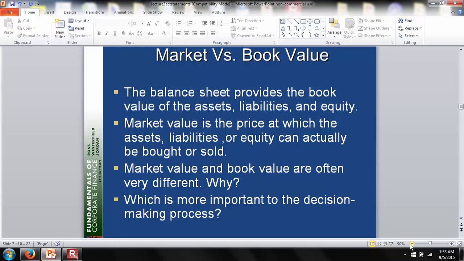Now the book values are mainly for accounting purposes, for tax purposes, and so on. Now market value and book value are often very different. Why? Which is more important to the decision making process? Market value and book value are different mainly because the book values are basically set up when a firm is incorporated, and book values can go down as time passes, and the reason why the book values go down is because of depreciation.